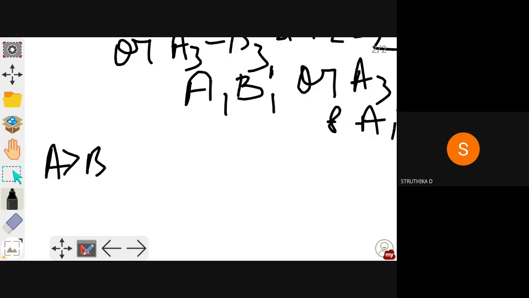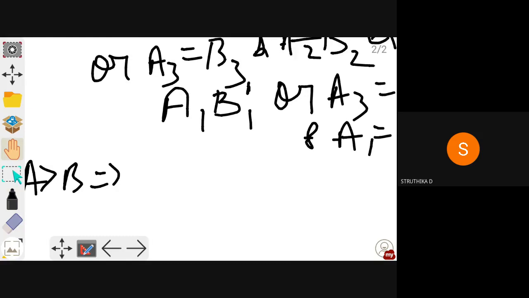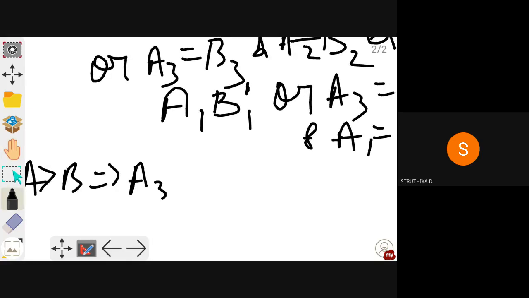So how will you write the expression for A greater than B? That is, first it will be A3 B3 dash. For the OR condition I am using the operator plus. So for the second condition, A3 bit is equal to B3, what is A3 equal to B3 as a Boolean function?